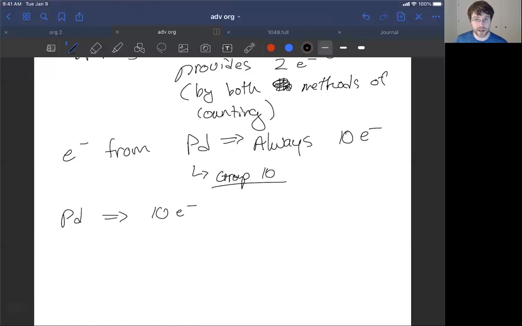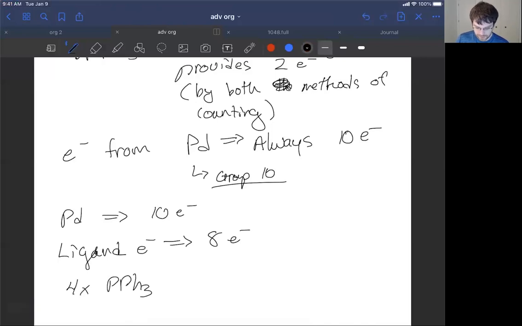The next thing that we're going to add is the ligand electrons. So ligand electrons is equal to 8 electrons. Why? Well, we have 4 times PPh3. Now, there's a lot of atoms in triphenylphosphine, but it's only the lone pair on the phosphorus that serves as a Lewis base. And a Lewis base is just something that can donate electrons to a Lewis acid.